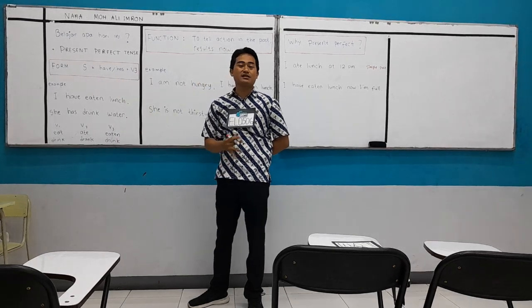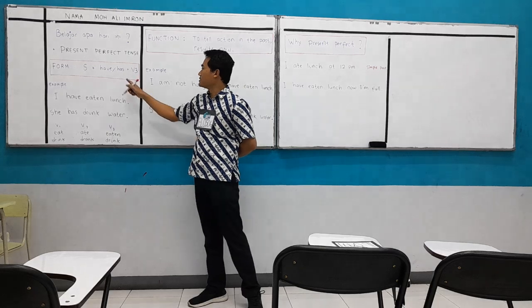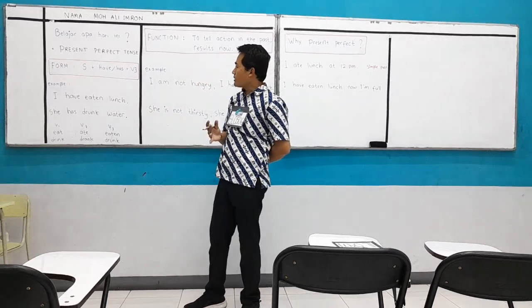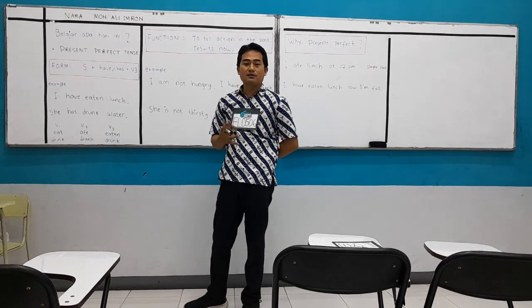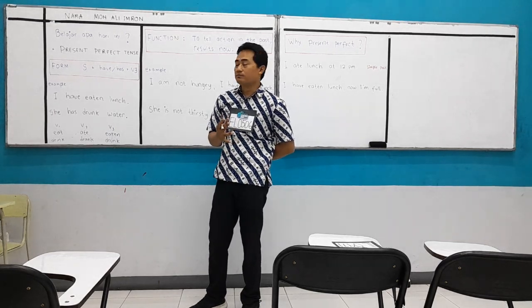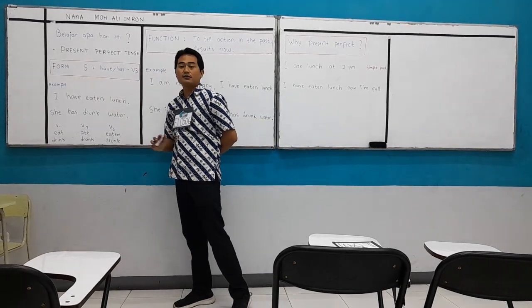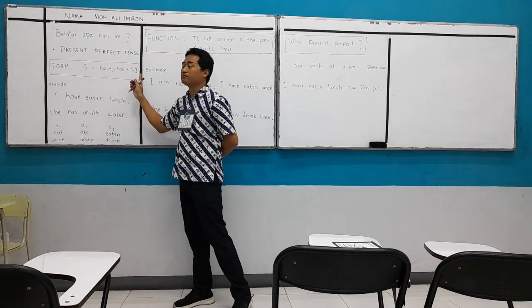But if the subject is singular, he, she, or it, we use has. After have and has, it is followed by the third form of the verb, verb 3. So in short, the formula is subject, have or has, and verb 3.